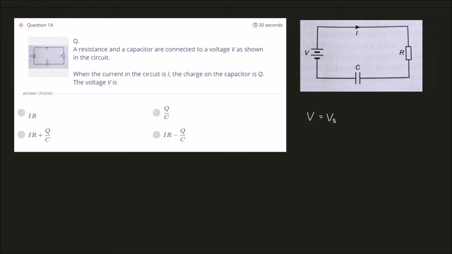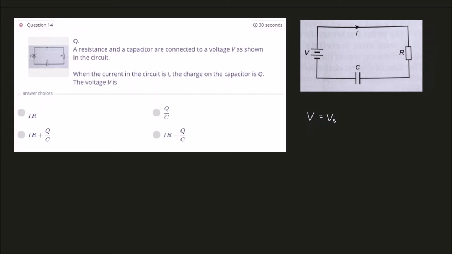Okay, so when we have a series circuit consisting of a resistor and a capacitor, the voltage of the power supply will actually be divided between the resistor and the capacitor. If you sum up the voltage across R and the voltage across C, the sum of these two will be equal to the voltage of the power supply.